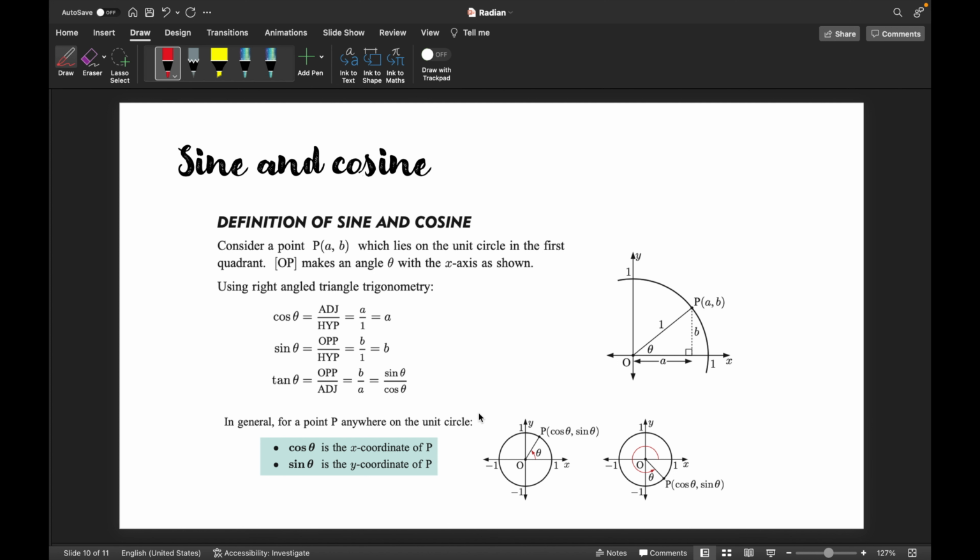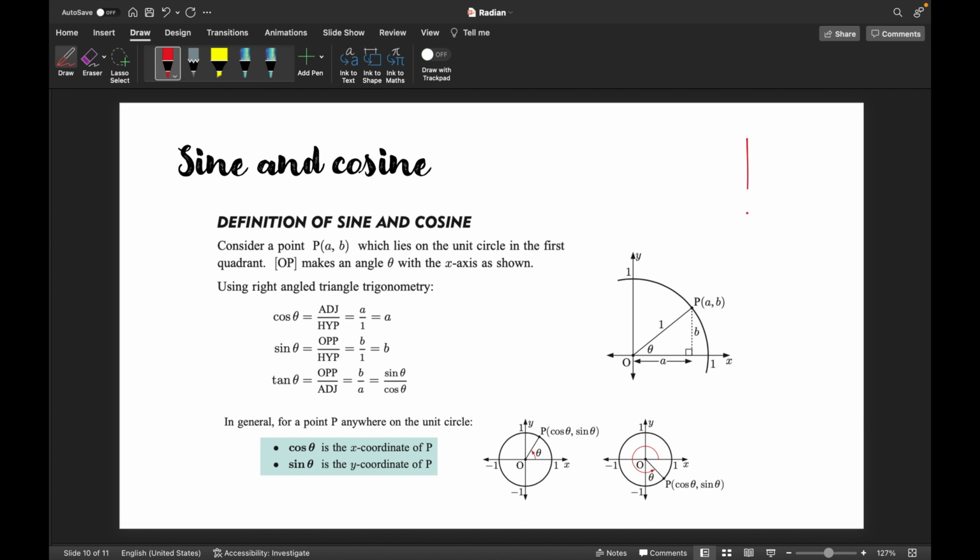Sine and cosine are just ratios. All you need to know is that they're ratios. So if you understand that, then it will be easy for you to learn the concept. Okay, so now let's look at this. Consider a point P, which is (A, B) here, which lies on the unit circle in the first quadrant.